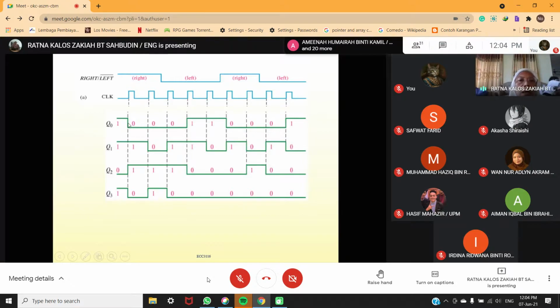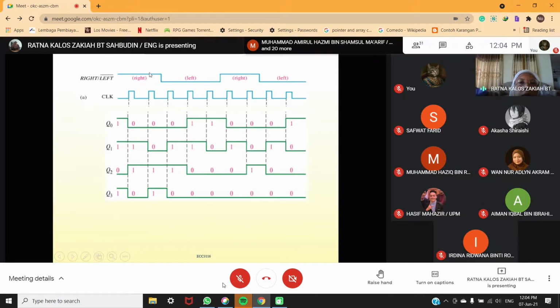And then you look at here. Then you have 0, 1, 1, 0. So this 0 goes to Q1, this one goes to Q2, this one goes to Q3. So you have 0, 0, 1, 1. And then again, look at this part here.